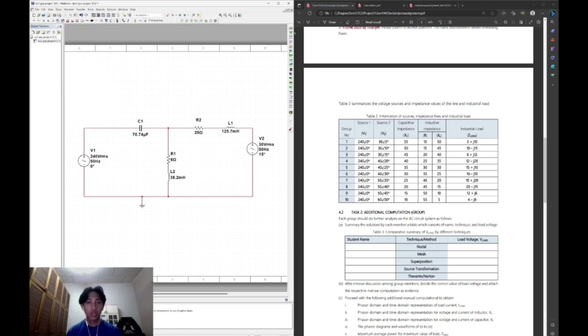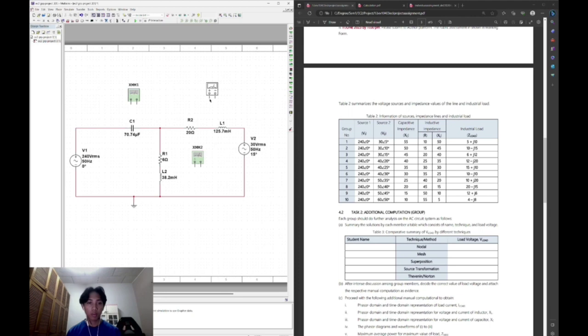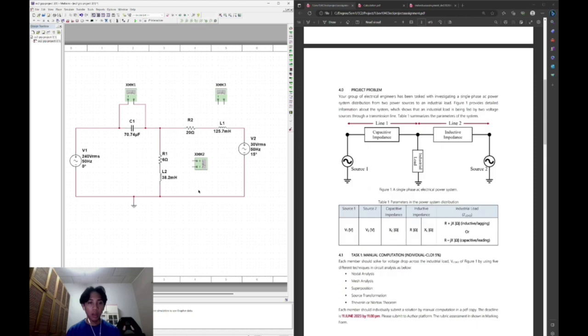For voltage, we just use a multimeter. What we need to do is connect the connections here, for the capacitance and for the industrial load.